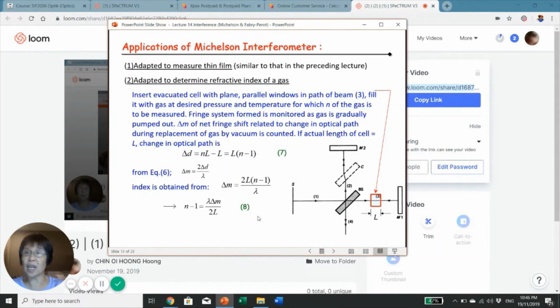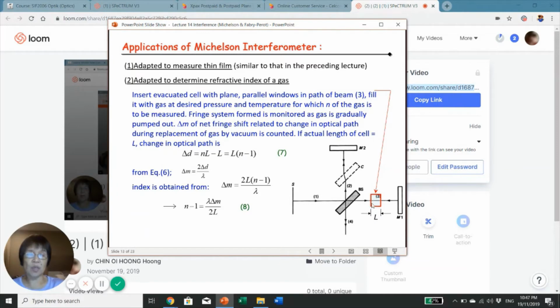Okay, let's look into applications of a Michelson interferometer. It can be used to measure thin film, as we had seen in the preceding lecture on interference due to thin film. It can also be adapted to measure the refractive index of a gas.